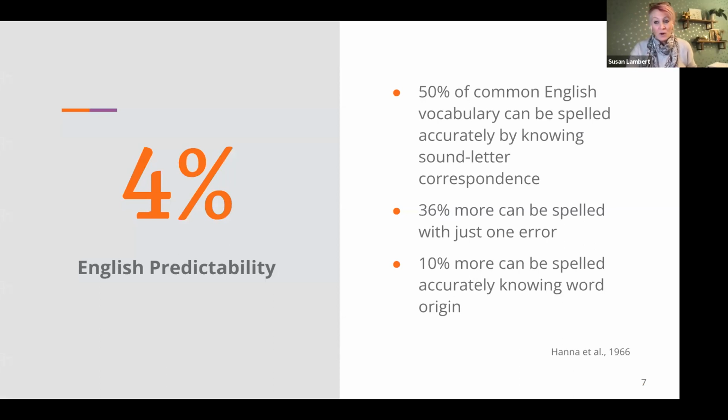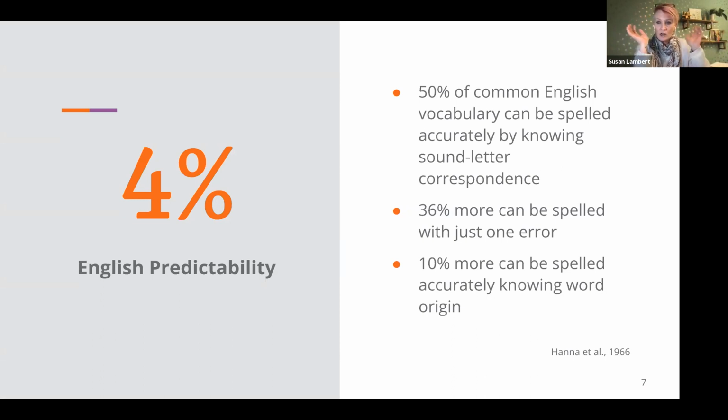And what we actually know is that's not true. It's just if you know the keys to unlock that code, it's pretty predictable actually. And you can see here that there's only 4% that's really oddities, that's unpredictable, because 50% of most common English vocabulary words can be spelled or known if you know the sound-letter correspondence.